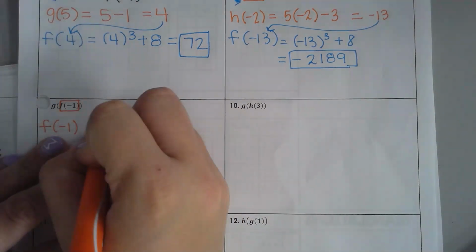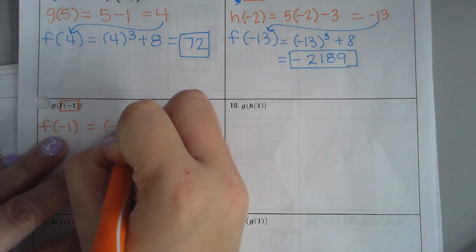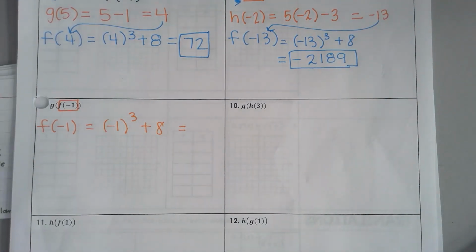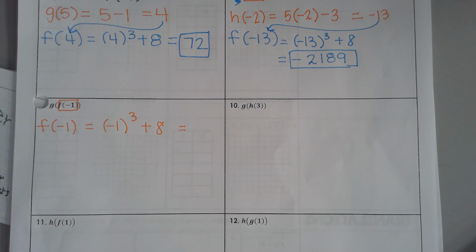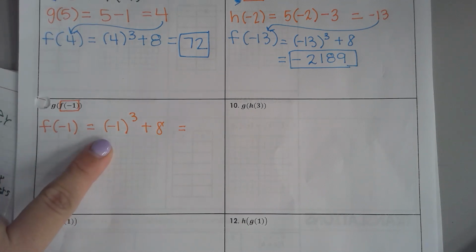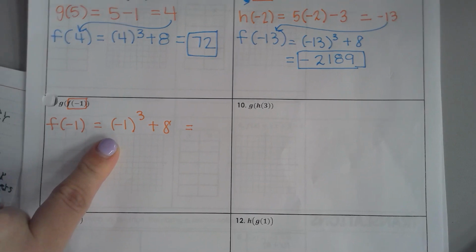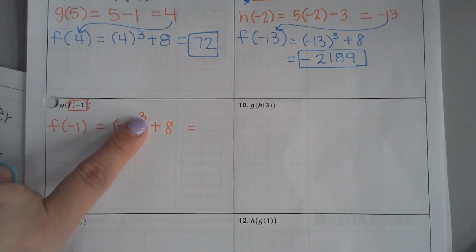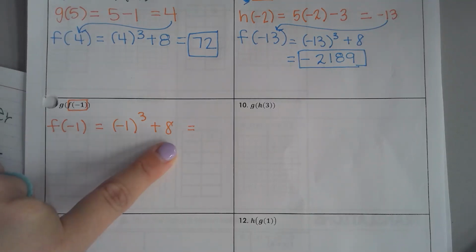This would be negative 1 cubed plus 8. Type that into your calculator: parentheses, negative 1, and then outside of the parentheses your exponent of 3 plus 8.